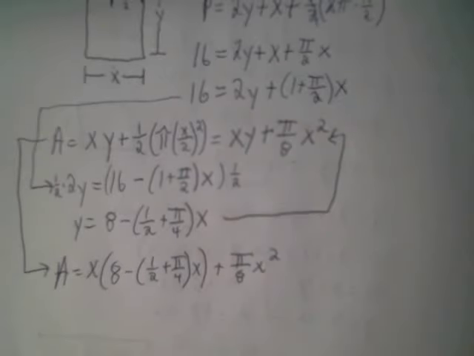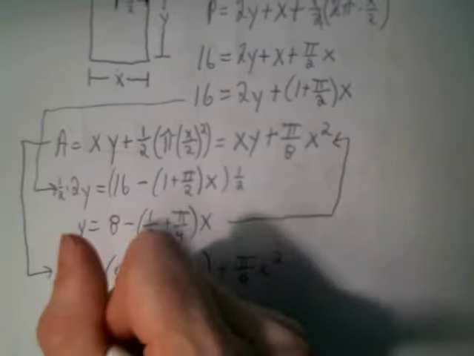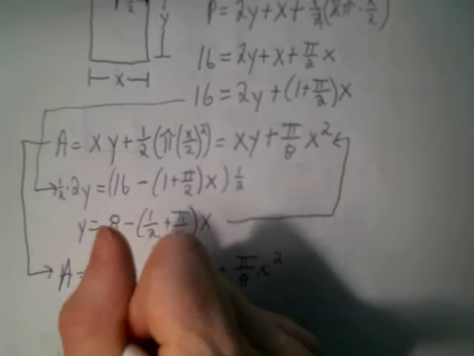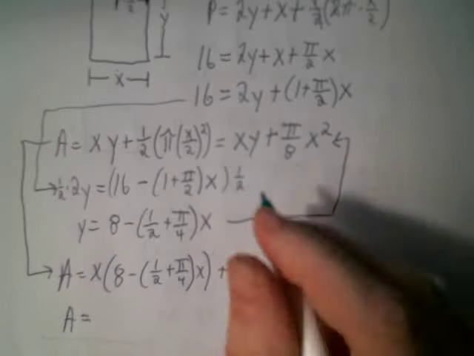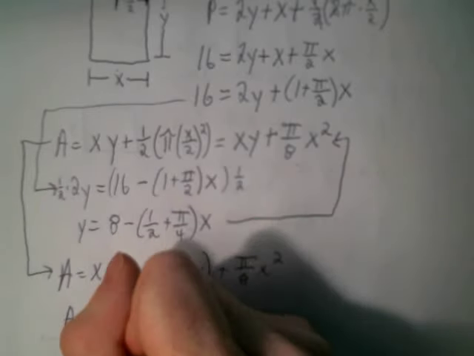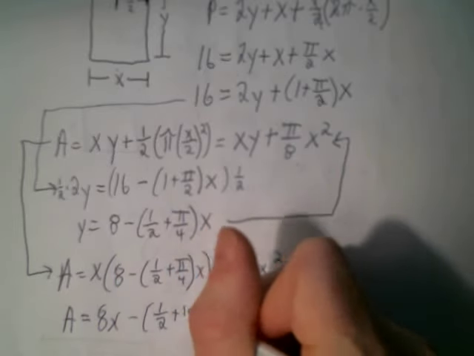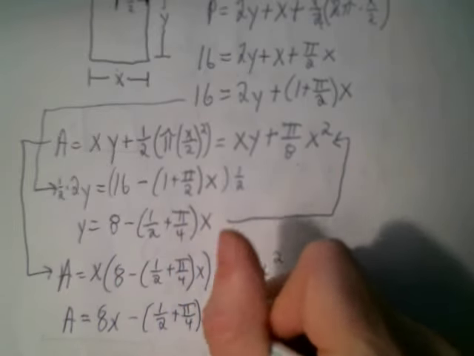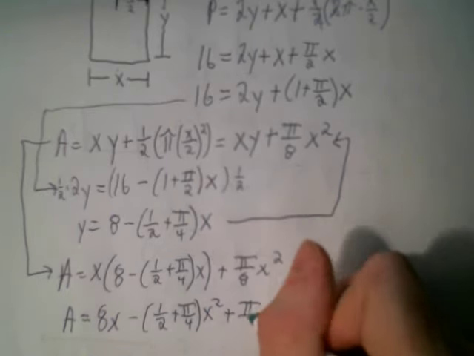So the most annoying thing about these problems are the constants, I guess. Let's clean it up just a little bit. So I'll go ahead and distribute the x all the way through. I have 8x minus 1/2 plus pi over 4 x squared, then plus pi over 8 x squared.